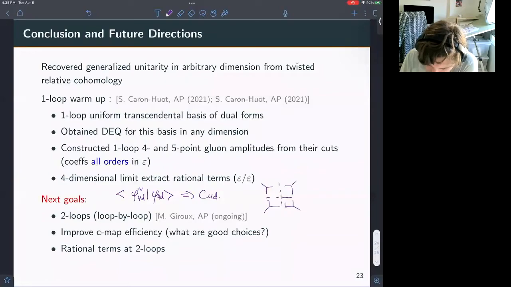And what's different in our prescription of how to compute this is we have this step where we're going to have some leftover piece, essentially box of the Feynman integral.